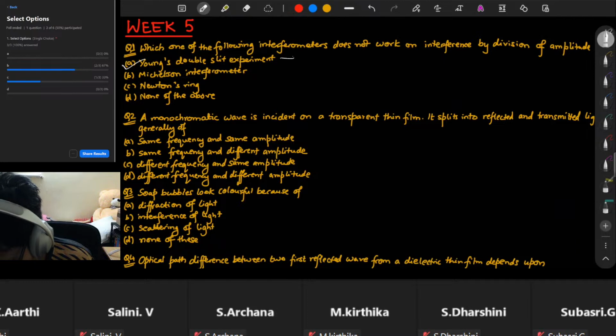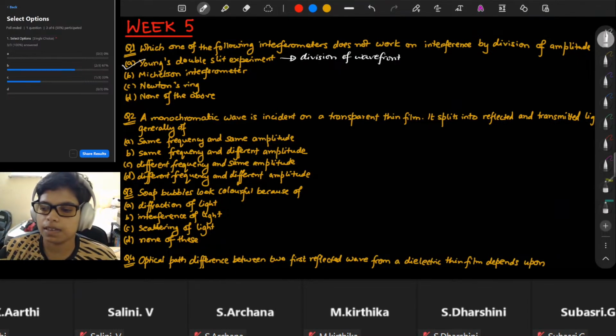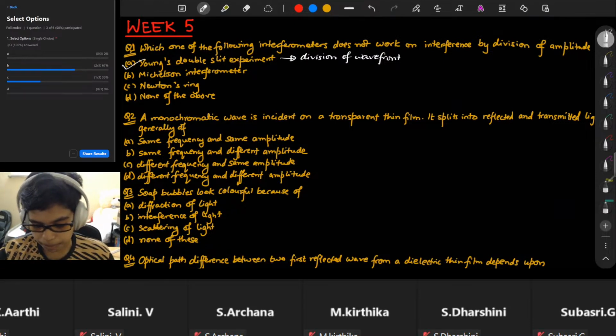So Young's double slit experiment is based on the principle of interference by division of wavefront. We have discussed Young's double slit experiment in the previous weeks, and that was the effect of interference by division of wavefront and not division of amplitude.